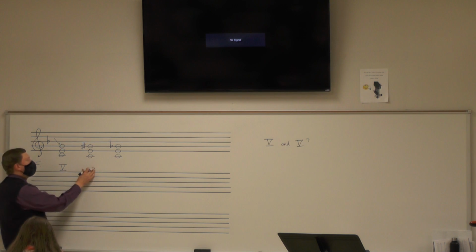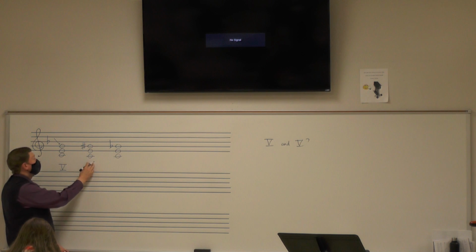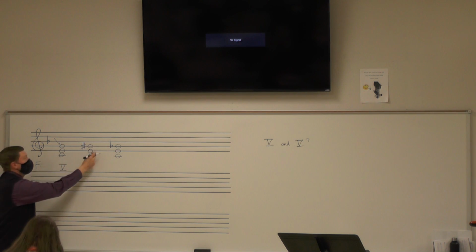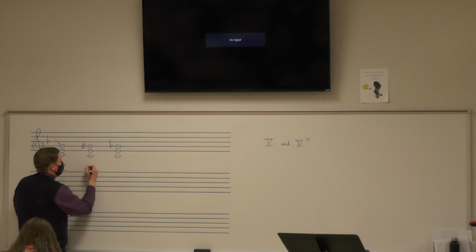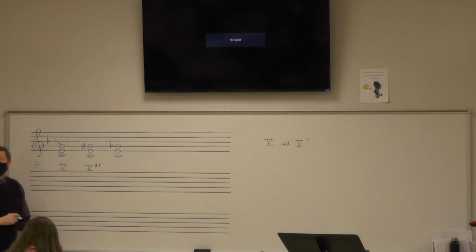How would I label this chord? By the way, do you know that when you raise the 5th of a major triad, like I did to get this one, it becomes an augmented triad? And the symbol that I'd like you to use for this one is 5, sharp 5. It's basically a 5 chord with a raised 5th.